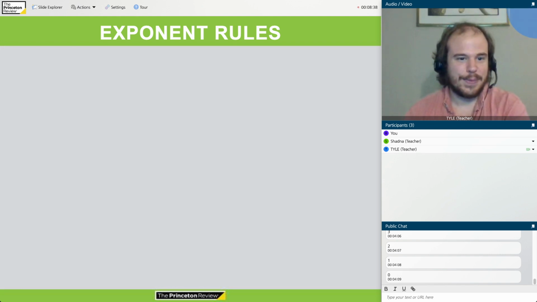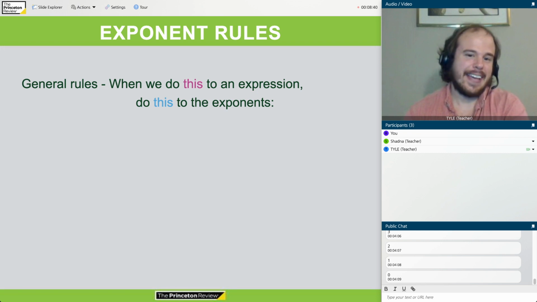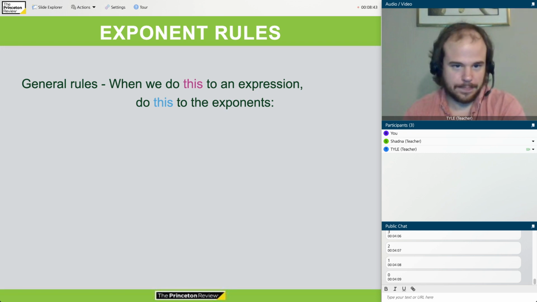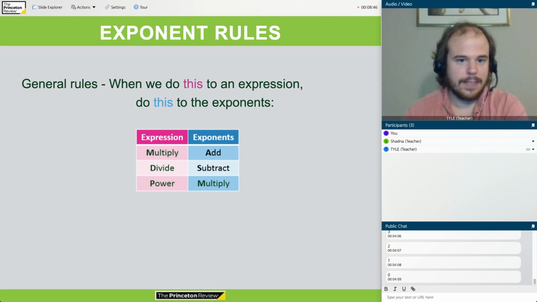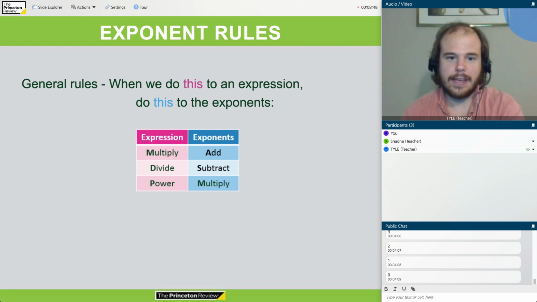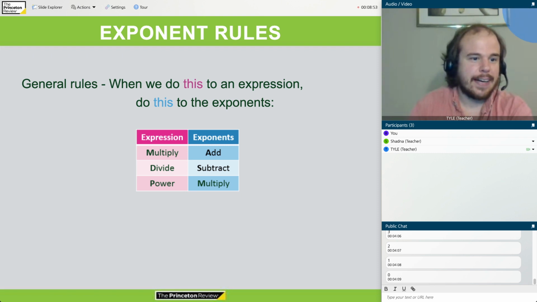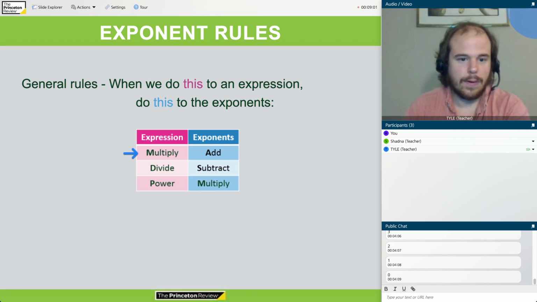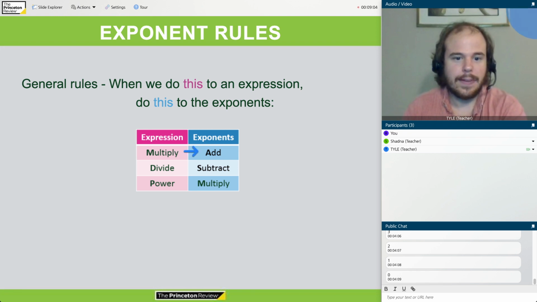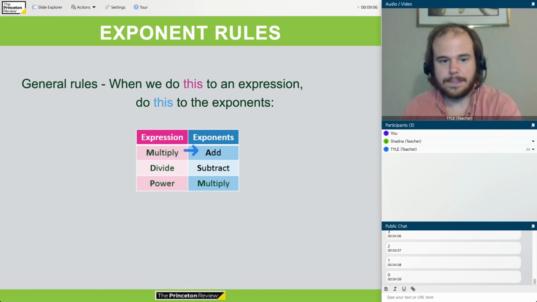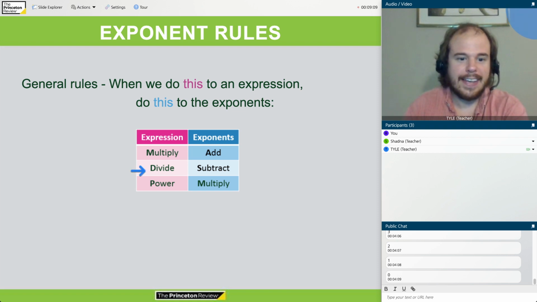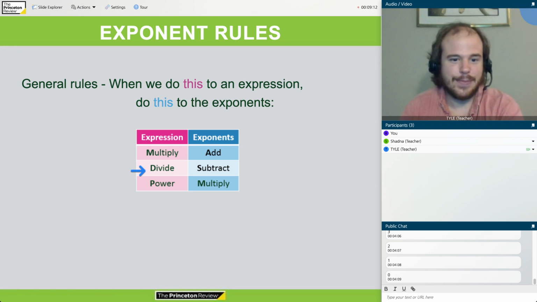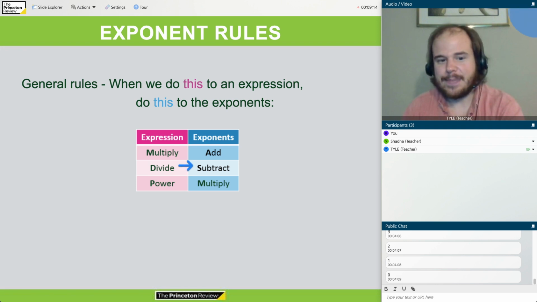So, exponent rules. Here are the rules. When we do the thing in purple to an expression, then we do the thing in blue to the exponents that are involved. Anytime we multiply two expressions involving exponents, we will add together the exponents involved. Anytime we divide two expressions involving exponents, we will subtract the two exponents involved.